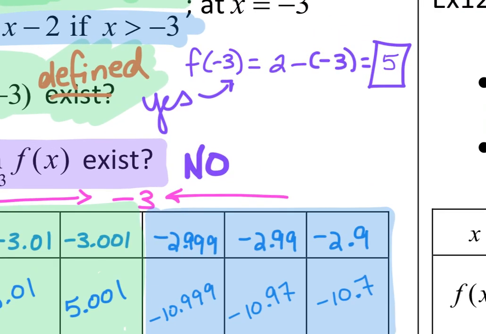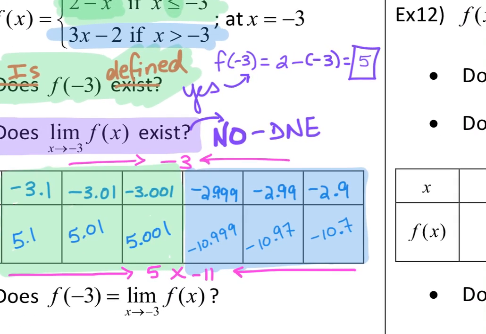No, the limit does not exist, because the left limit doesn't equal the right limit. I want to squeeze that in there. Left limit does not equal the right limit.